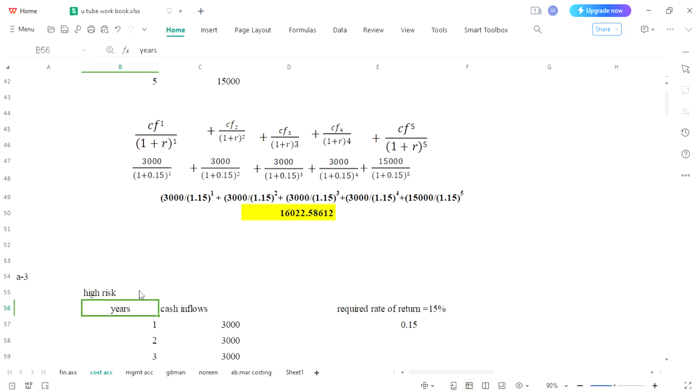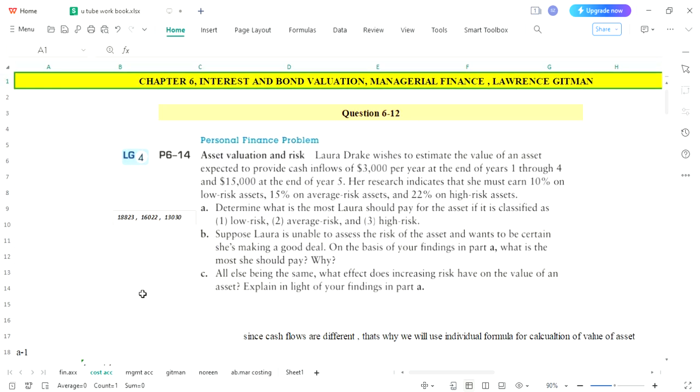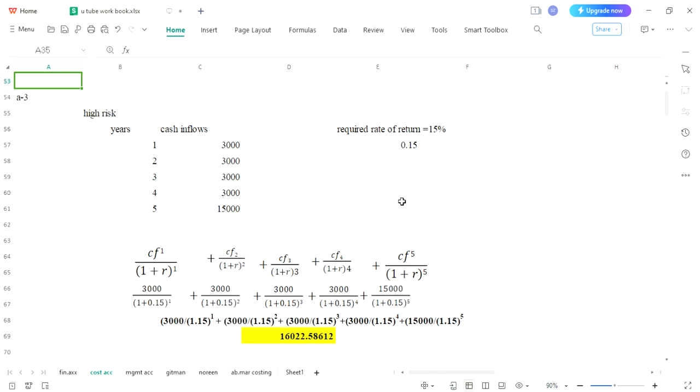For that we will change our rate of return. For medium it was 15%. For high risk it is 22%. This is our third, and we will change its rate from 15 to 22%. And what will happen?